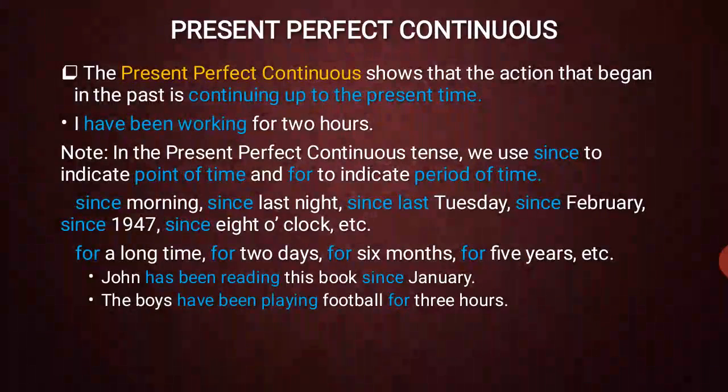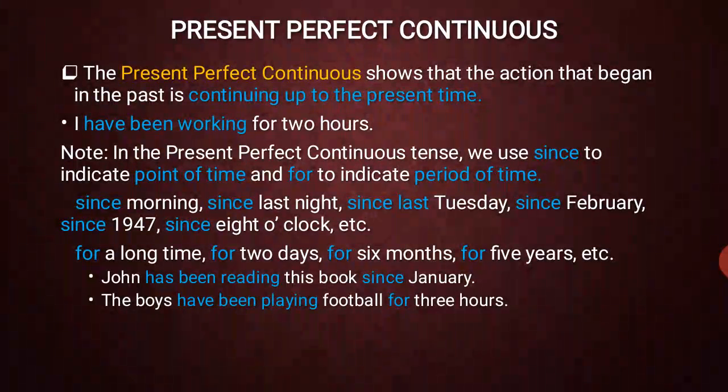Next is the present perfect continuous tense. The present perfect continuous tense shows that an action that began in the past is continuing up to the present time. We can say, I have been working for 2 hours.